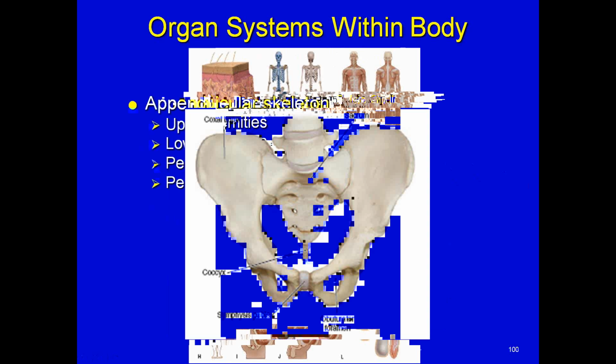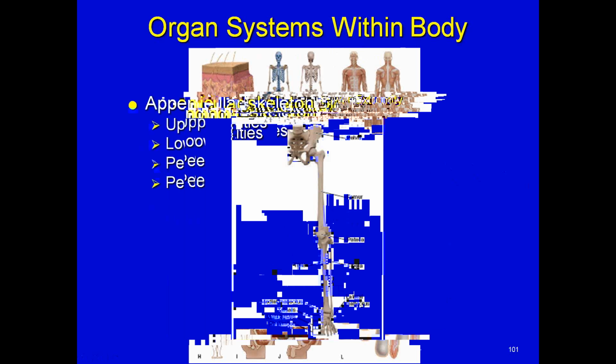The symphysis pubis is a very strong ligament that holds that whole cavity together. The lower extremity includes the femur, the kneecap or the patella, the tibia and the fibula, as well as the malleolus, which is the ankle bones, and then you have tarsals, metatarsals, and phalanges.